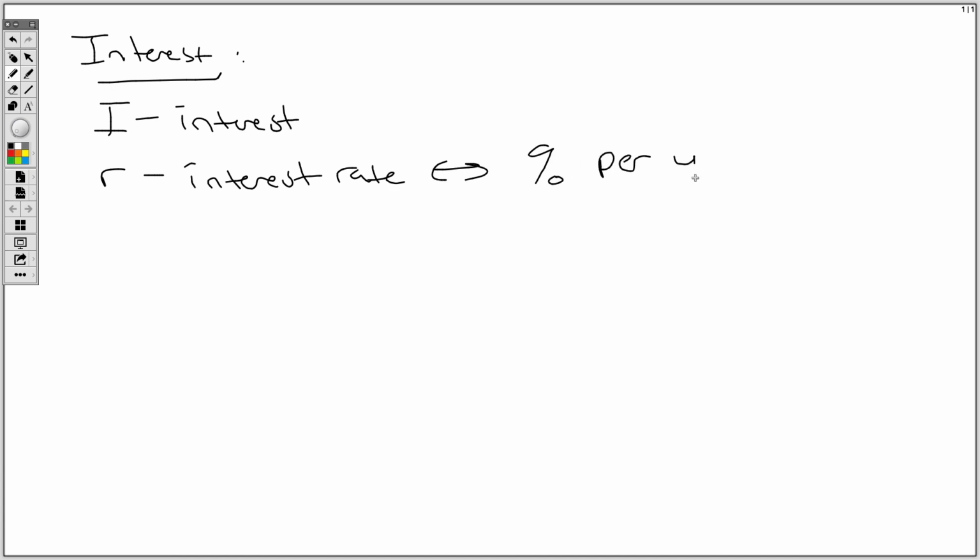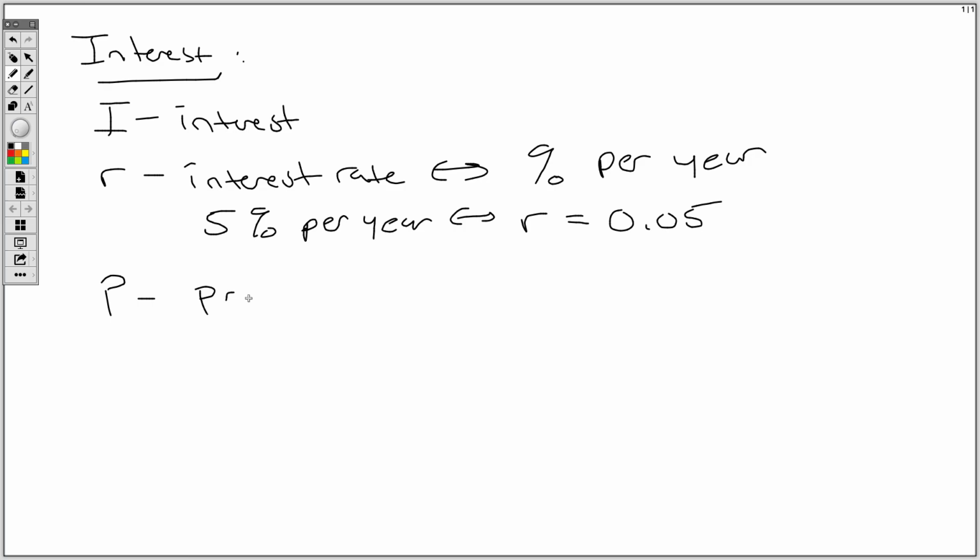And the basic calculation of interest, we let I, capital I, denote interest. R is the interest rate. And this is usually described as a percentage per year. So if we have 5% per year, that means that R is 0.05. Okay, so there's that.